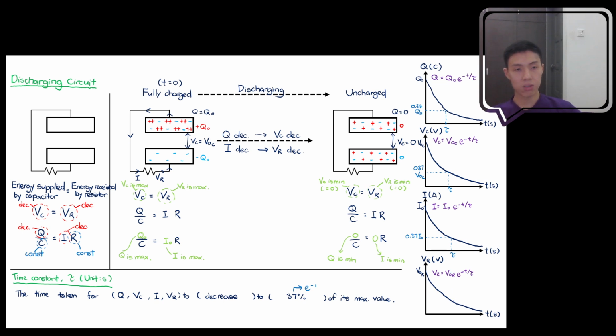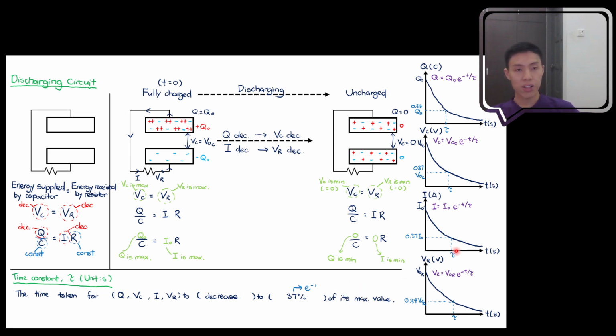Then lastly, you have another tau over here, which, if you find the value, should be equal to 0.37 V naught R. So this is how all the graphs decrease, and when you reach the time duration tau, all of these values have dropped to 37% of their initial value, or the maximum value.